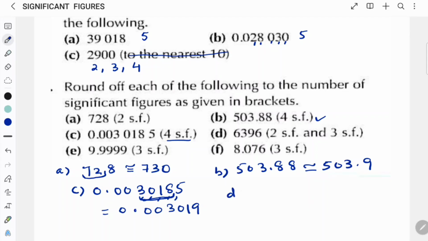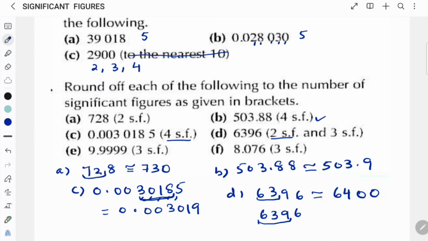Part D, 6396. They're asking you to round off to 2 and then 3 significant figures. 2 significant figures ends here. After that you have 9, so you can write down 64, but with 00 for that because it's 6400. Okay, 3 significant figures, the same number 6396. 3 significant figures ends here.